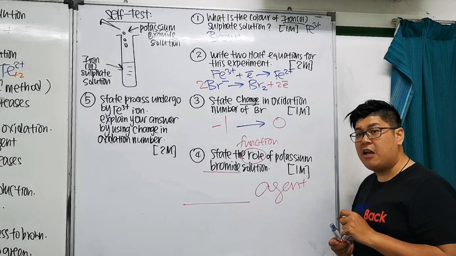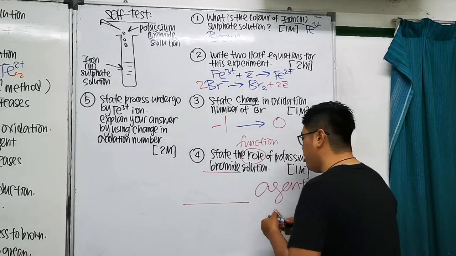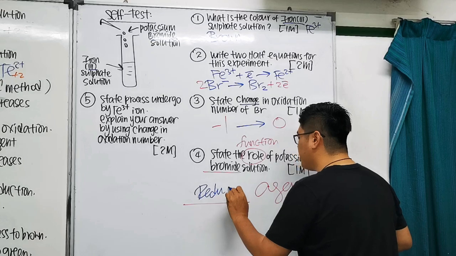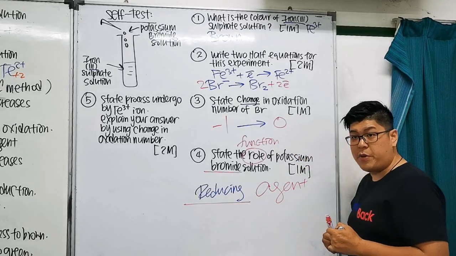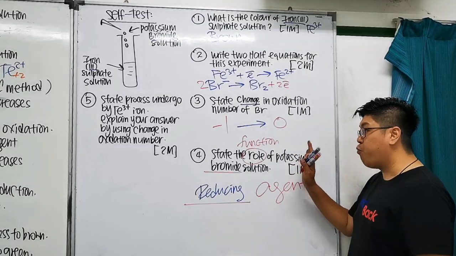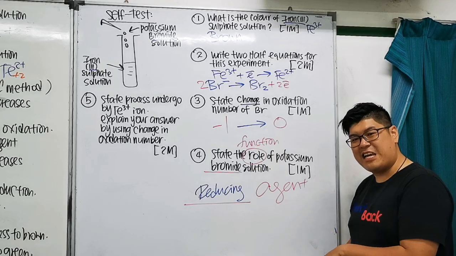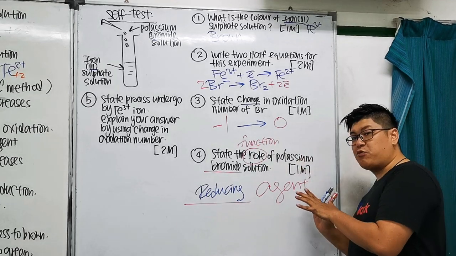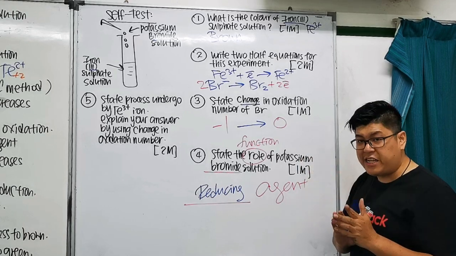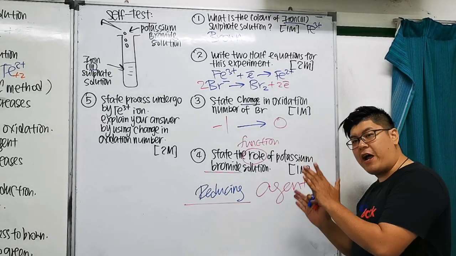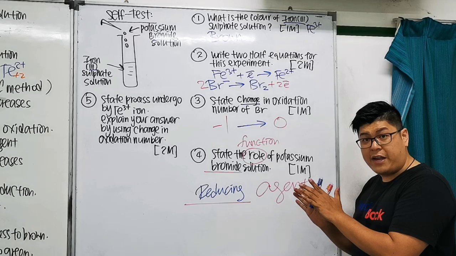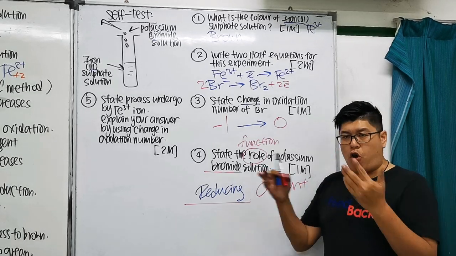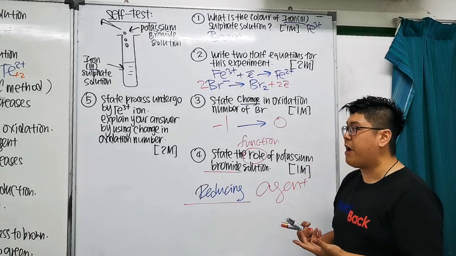All halides are reducing agents. So this fella is a reducing agent. Understand? And watch out, if this is bromine, oxidizing agent. Bromine is an oxidizing agent, bromide is a reducing agent. Chlorine is an oxidizing agent, chloride is a reducing agent. Are you okay with that? Sometimes you just get messed up with chlorine, chloride, so please be very careful.